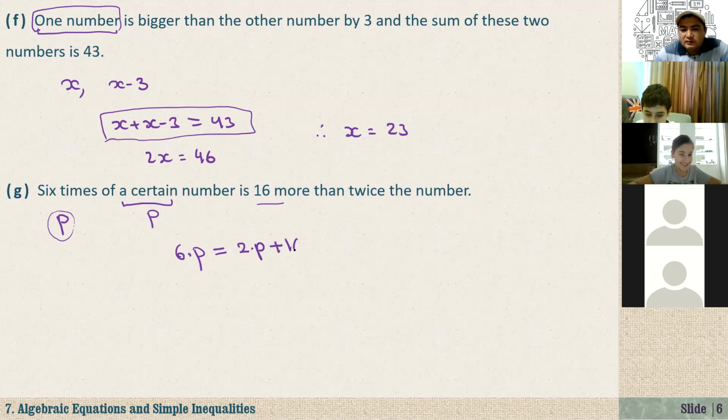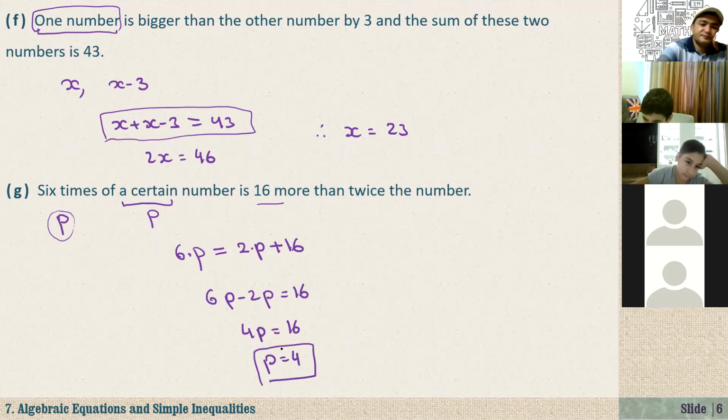By 16, right? So 6 times a certain number, 6P, is 16 more than twice the number, 2P plus 16. What is that number? If you have to solve this, take 2P to the left-hand side: 6P minus 2P is equal to 16. 6P minus 2P equals 4P, that's equal to 16. What is P? P equals 4. So that number is 4.